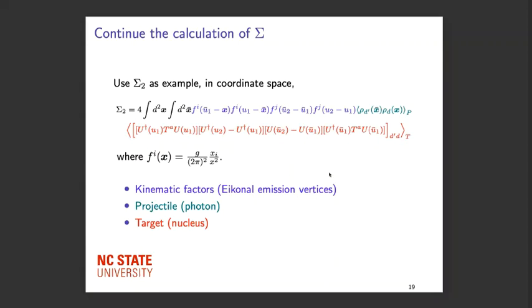And for sigma 3 or sigma 4, you just have three rho correlators, four rho correlators. It is very nice that all of our target average can be expressed in terms of a four Wilson line correlator. So after we go to momentum space, all of them are simplified.